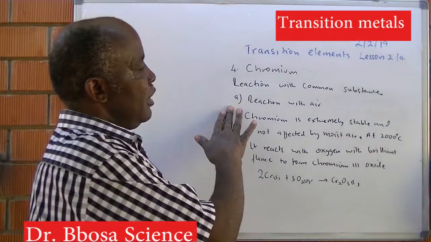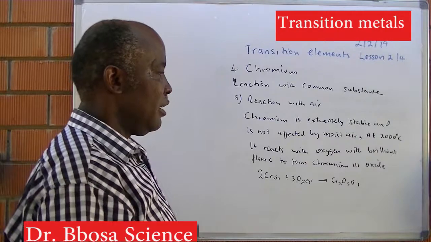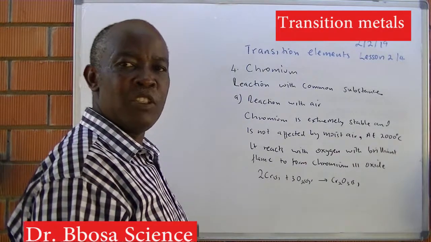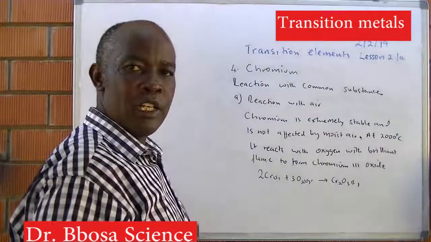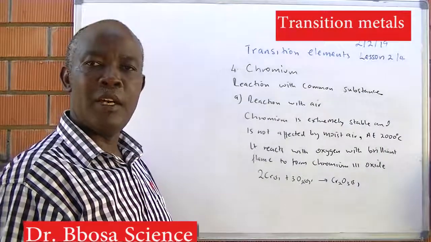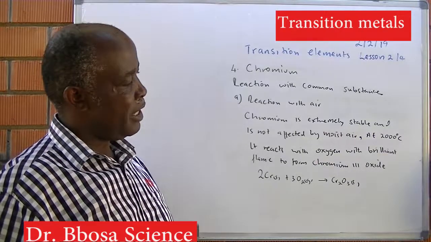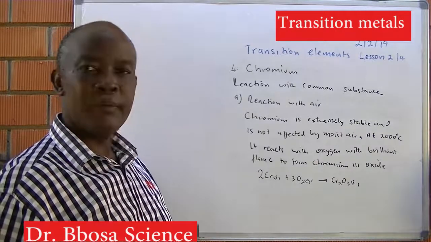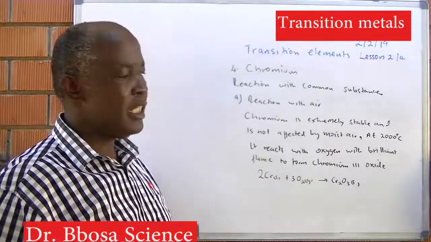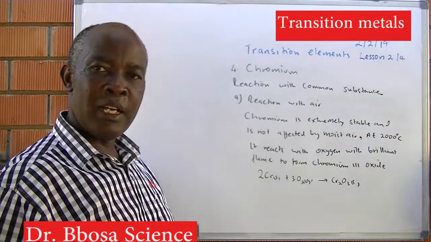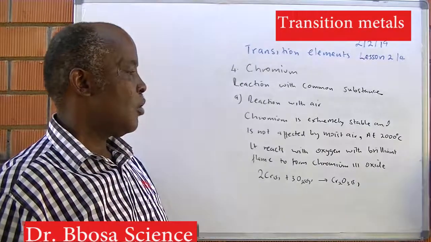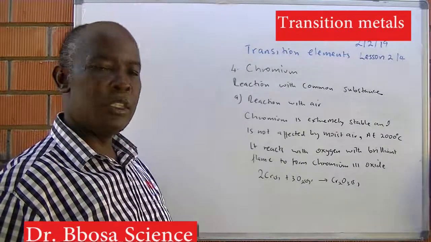Reaction with common substances. A, reaction with air. Chromium is extremely stable in air and is not affected by moist air, probably due to a protective oxide layer. It reacts with oxygen at about 2000 degrees with a brilliant flame to form chromium(III) oxide.